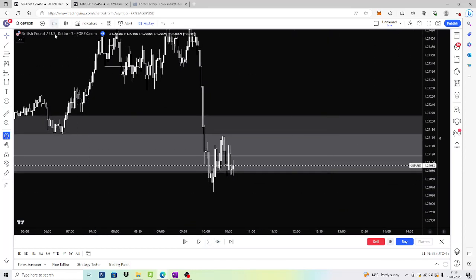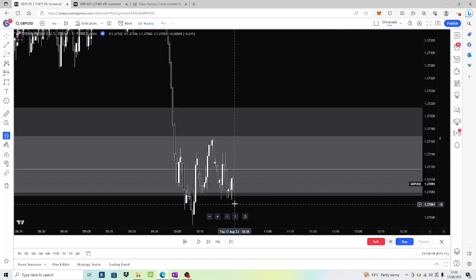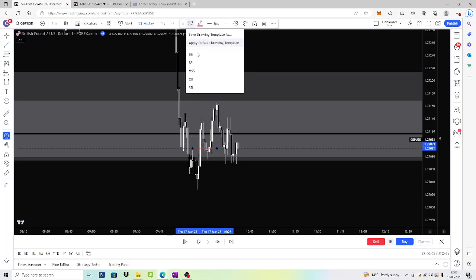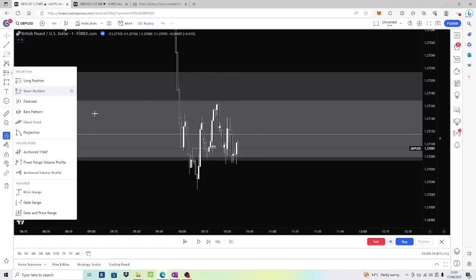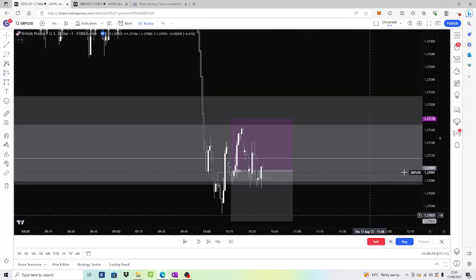I think there was something clear on the 1 minute. Yeah, maybe you could consider this a market structure shift, maybe. This right here, this is the high, and then enter in this fair value gap. I probably wouldn't enter this.